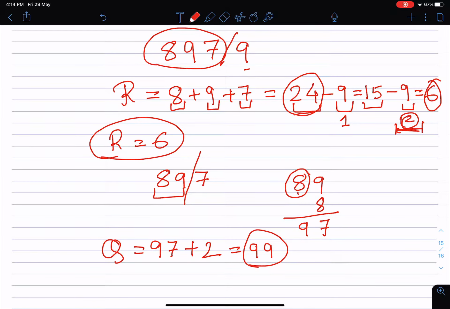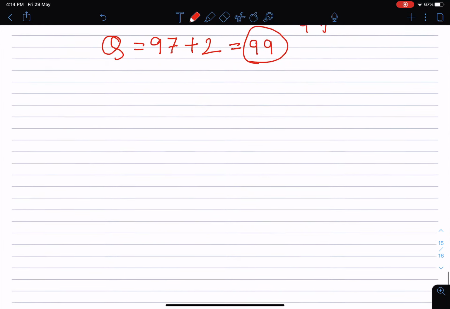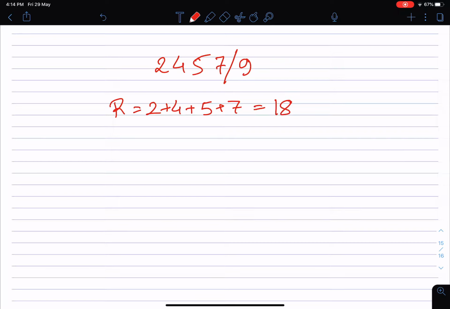Now try with a 4-digit number. We just take any random number, 2457, and divide by 9, and then again you have to find the remainder. 2 plus 4 plus 5 plus 7, so it will come 18.